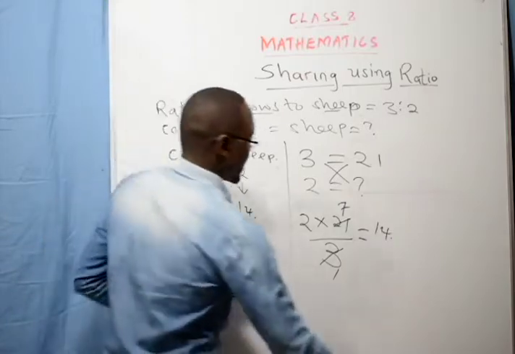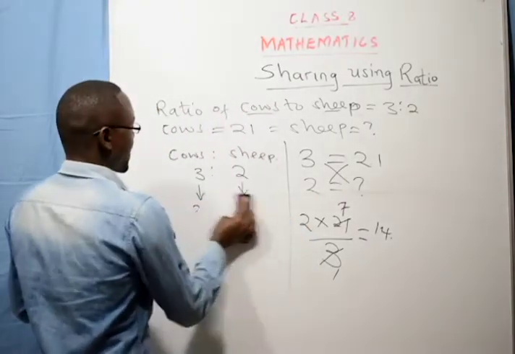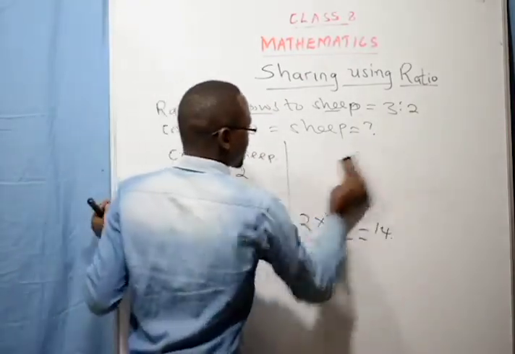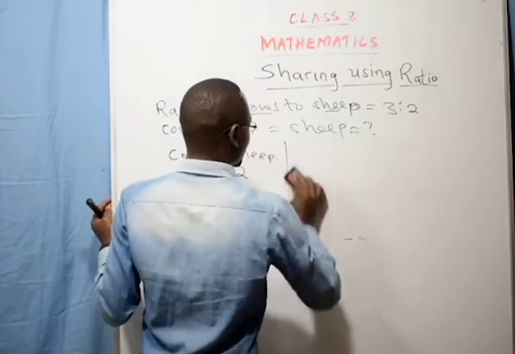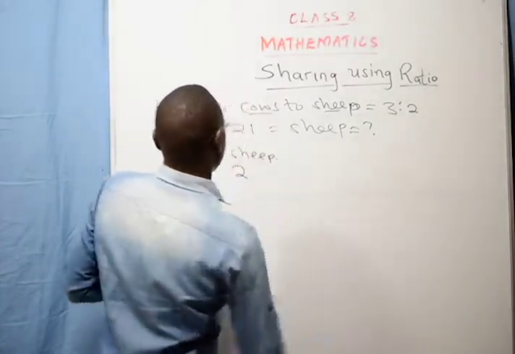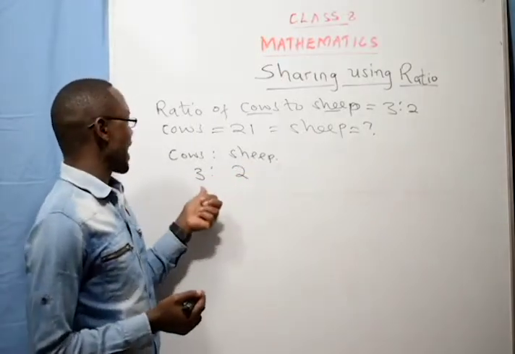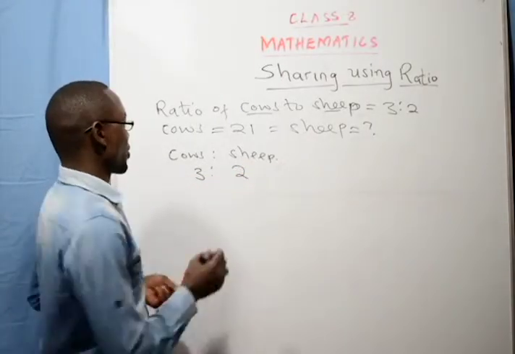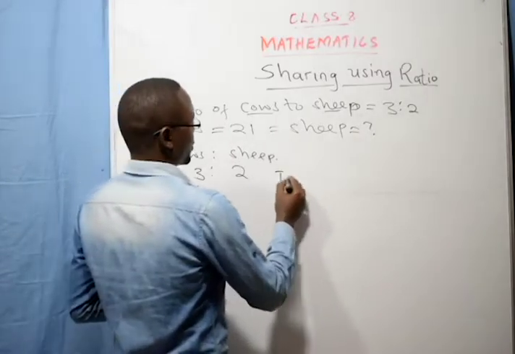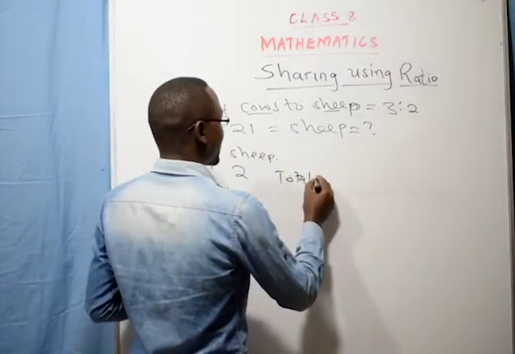You can still use another method of writing them as fractions. The ratio of cows to sheep is 3:2. If there are 21 cows, get the total ratio. This is another method.